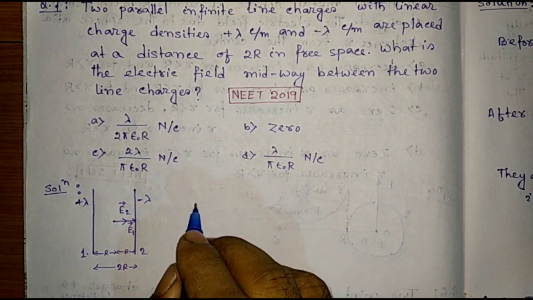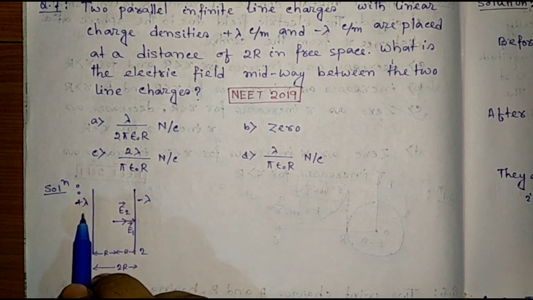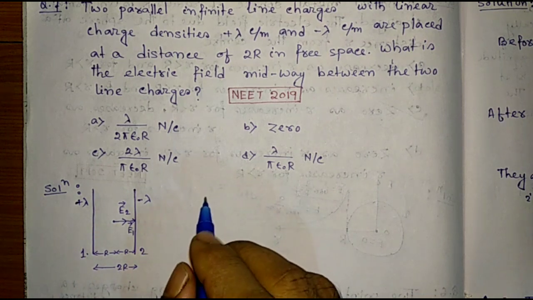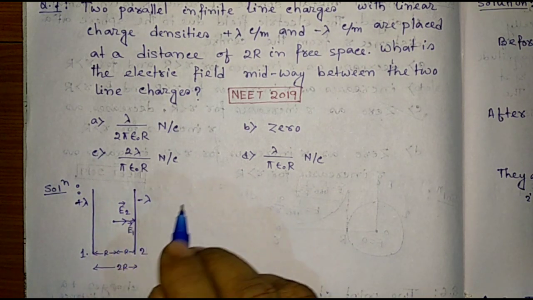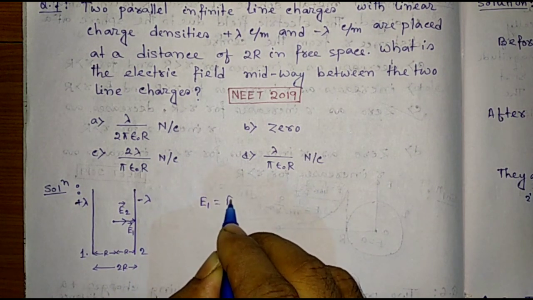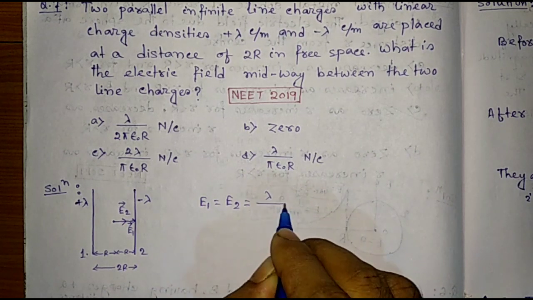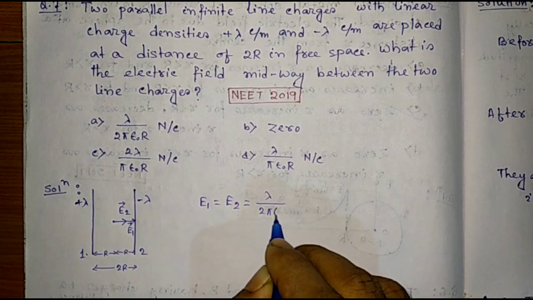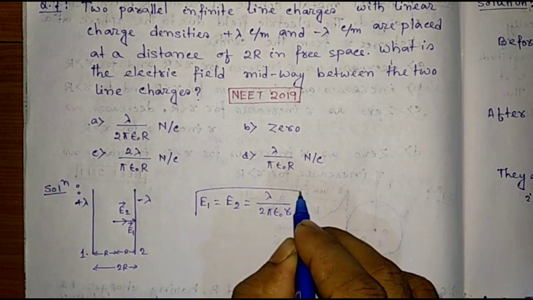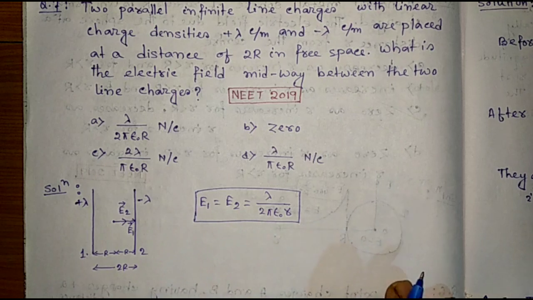Now plate 1 and plate 2 have charge density lambda, also lambda. So the magnitude of E1 and E2 is also the same. E1 is equals to E2 and the magnitude is equals to lambda by 2 pi epsilon naught r. We know the formula. Here small r is the capital R distance.